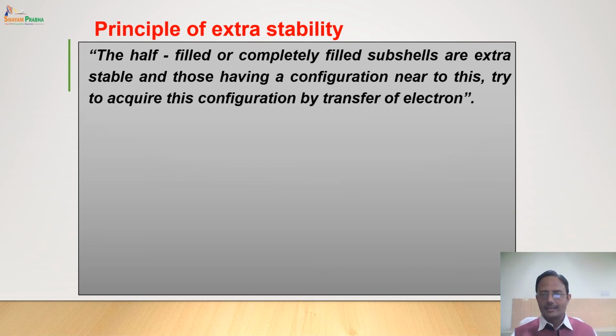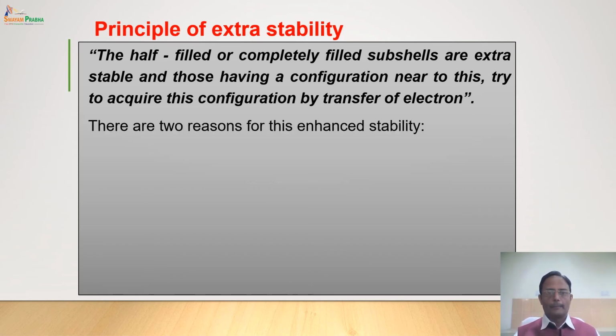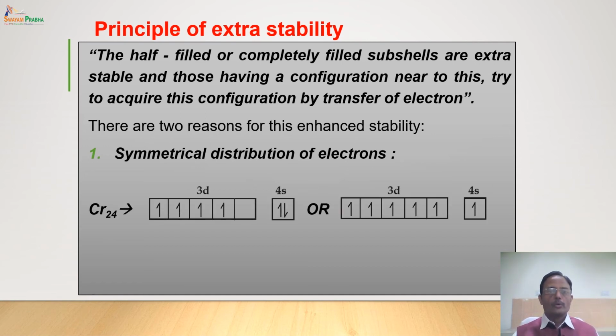It says that if you have a half filled or completely filled subshell, it is extra stable, and those elements having near extra stable configuration will try to acquire this configuration by transfer of electron from one subshell to another subshell. Take an example. For this, we'll see two important examples, and on the basis of them, we'll try to explain why this extra stability is there.